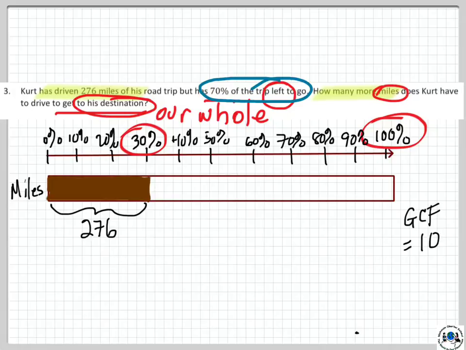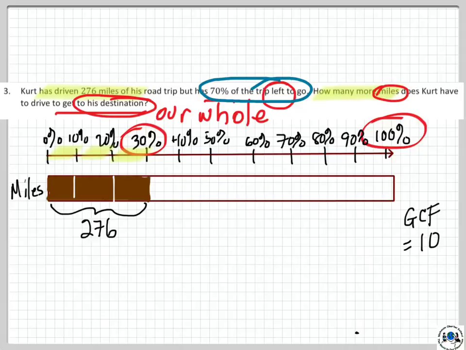So we can split our percentage number line into 10% pieces. Again, that might even be obvious without having to mess with the greatest common factor. It might be very, very obvious to you. As long as you split this part up here into equal pieces, to get to the end of what we know. That's the really important part.